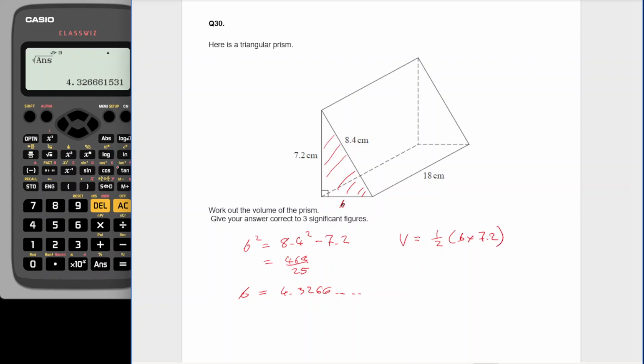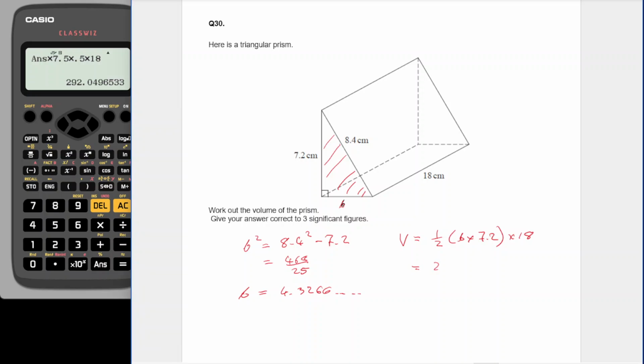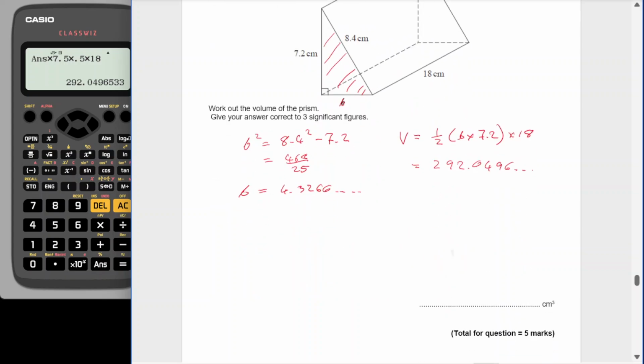And I need to times that by the length, so times that by 18. So multiply by 7.2, multiply by 0.5, and then multiply by 18, that will give me my final answer. And I want it as a decimal, so 292.0496... not rounded. So to three significant figures, that's going to be 292.